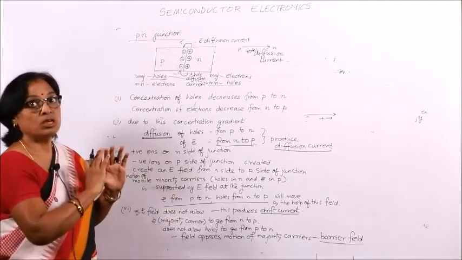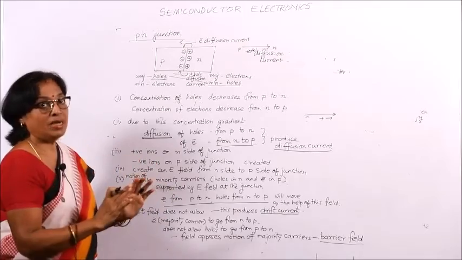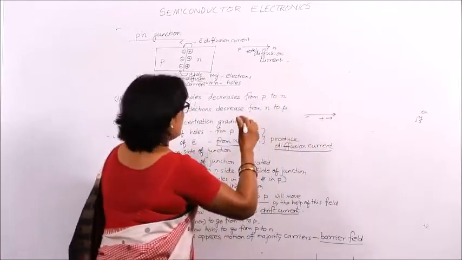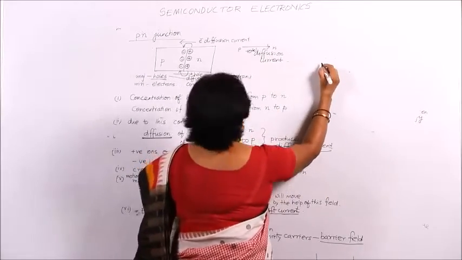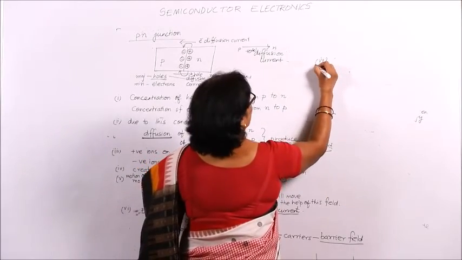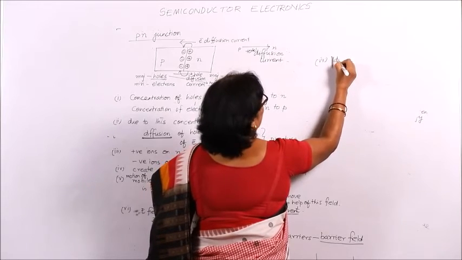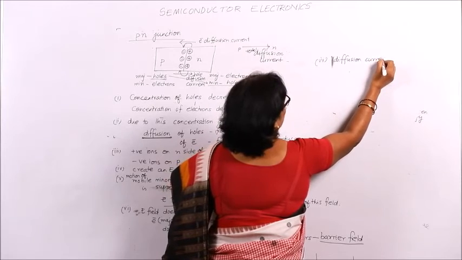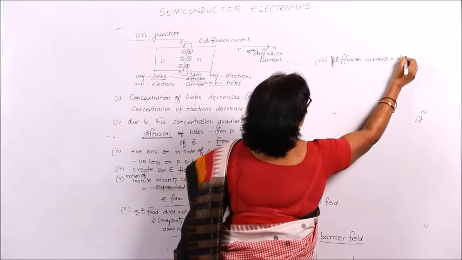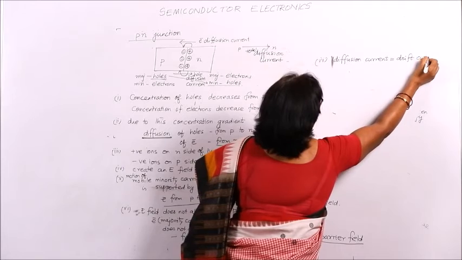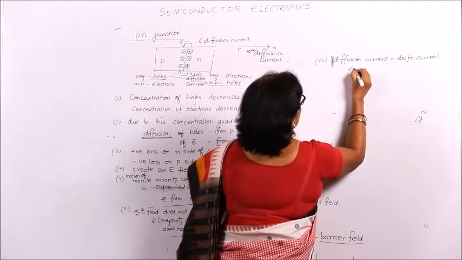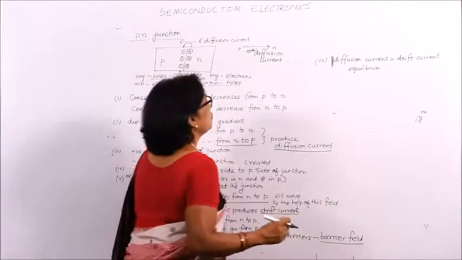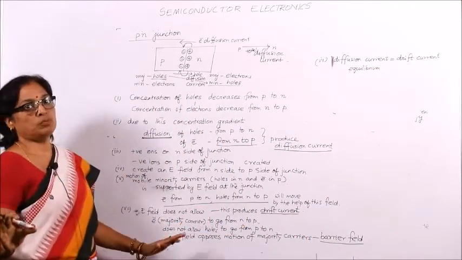These two currents, at normal temperature, that means the diffusion current becomes equal to drift current and an equilibrium is established. So everything stops.